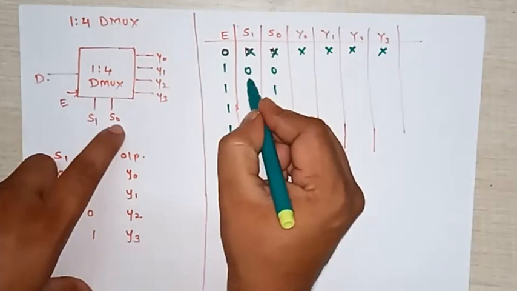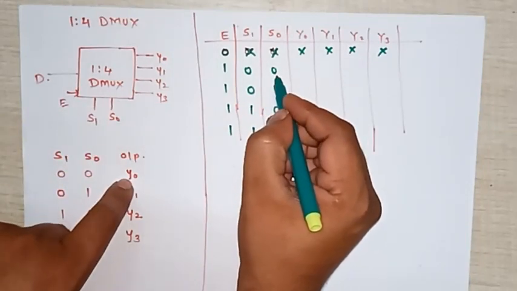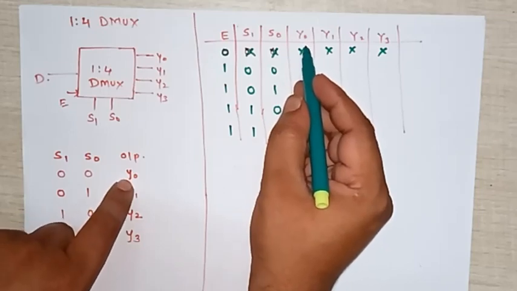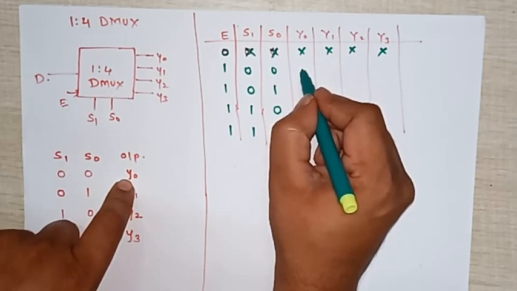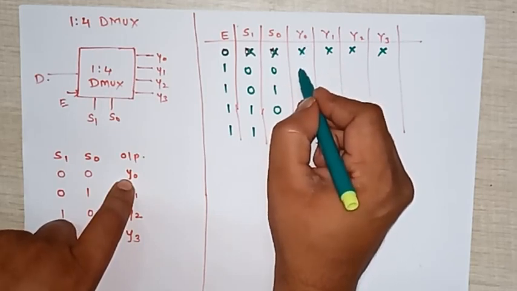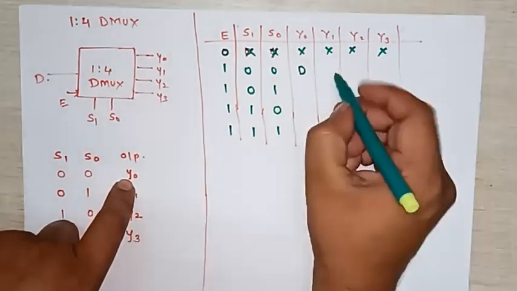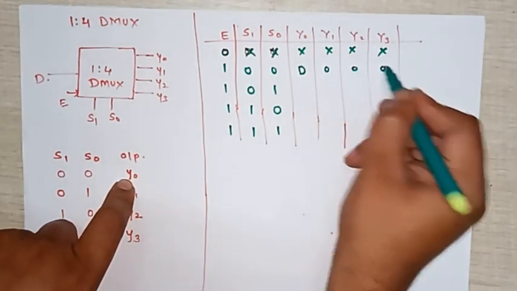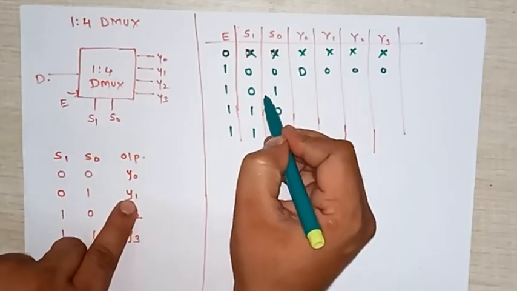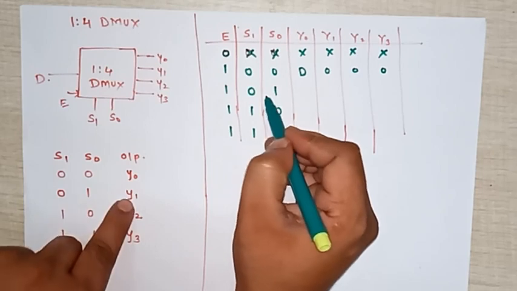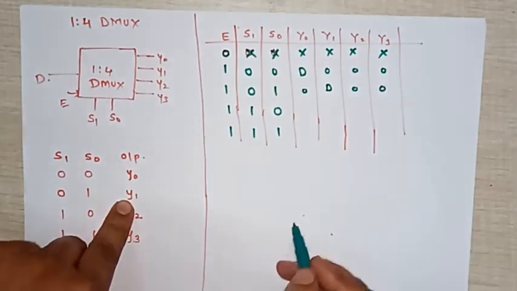Now for the 0 0 value, Y0 will be active. Y0 will be connected to D, so the output Y0 is D, and the rest are 0 0 0. For 0 1, the output is Y1, so Y1 is D, remaining 0.